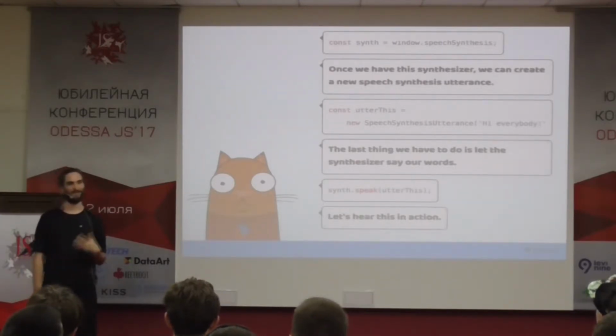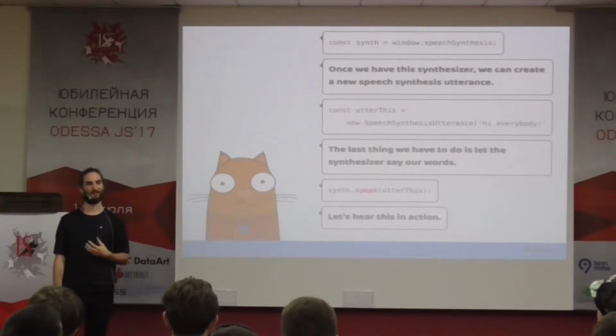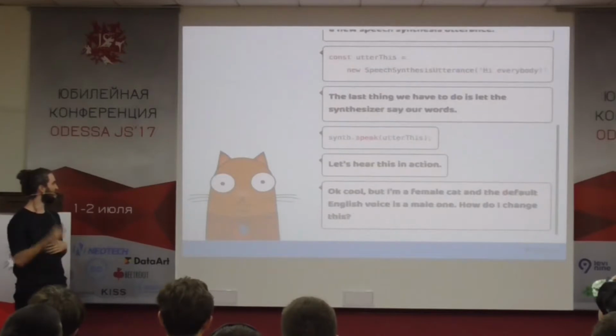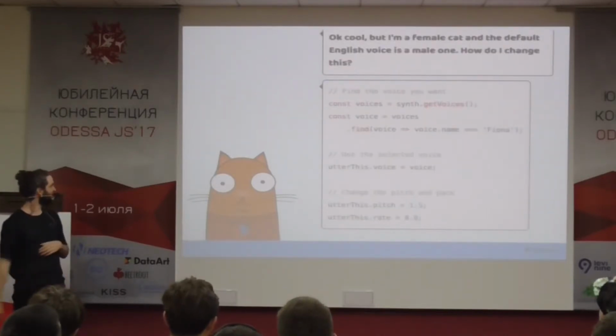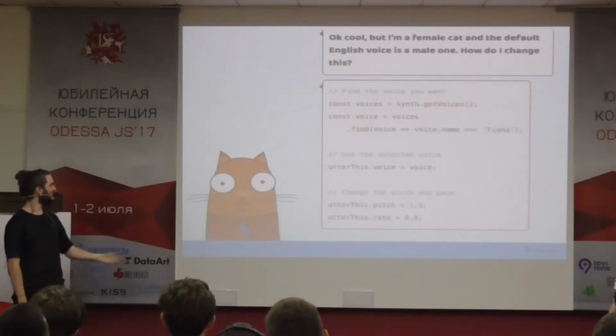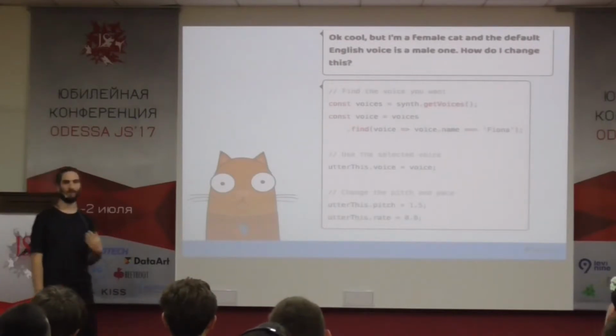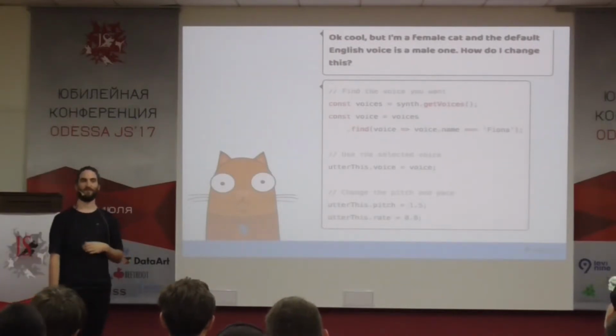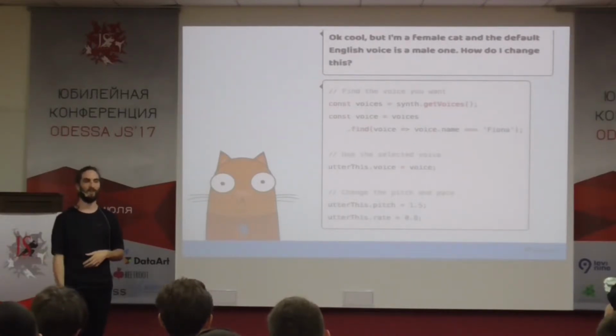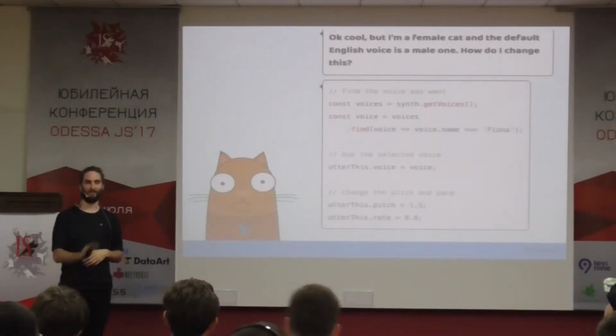So I told you that the speech utterance object can contain characteristics about how to speak to the user. So you can configure that. You can, for example, change the pitch or the rate, but most importantly, you can choose a voice. Every browser implements some kind of voice. Some voices are better in English, some in Spanish, there's a whole different kind of languages. But you can also change the gender of that voice.